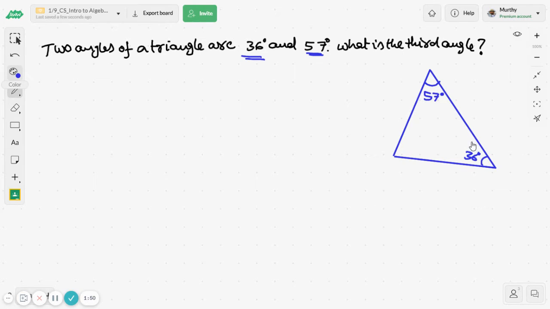I'm just assuming that they are. Now you can label the three vertices. I'm taking them as PQR. For that matter, you can take any letters of your choice. And you are asked to figure out what this angle is.